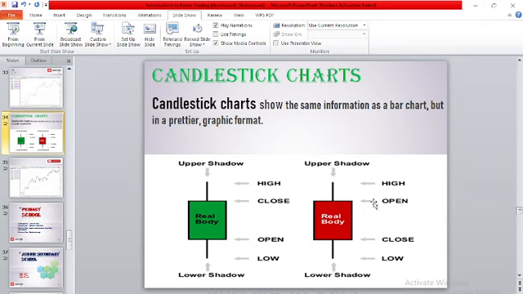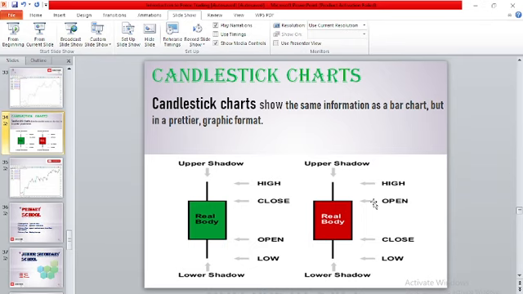Or let's say the filled color is red, and the top of the block is the opening price and the bottom of the block is the closing price.